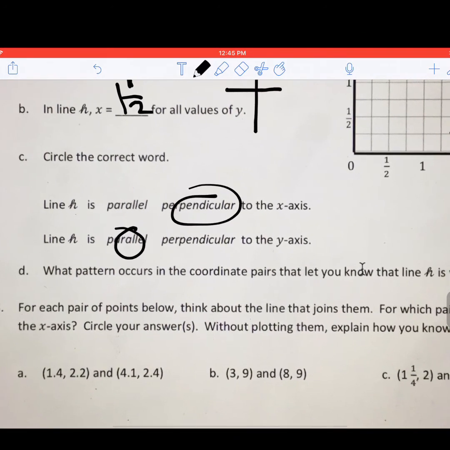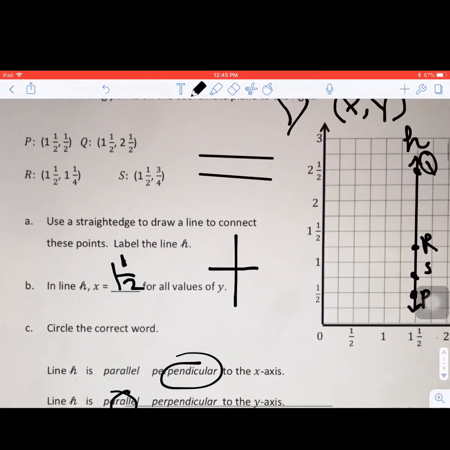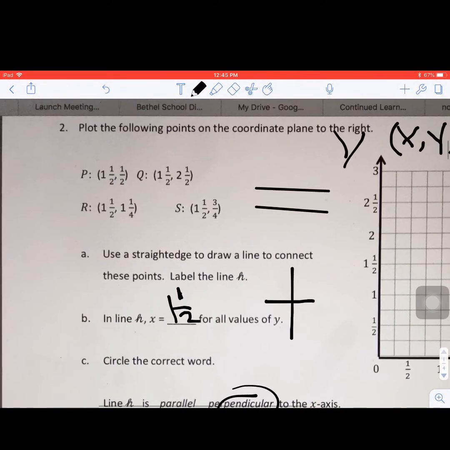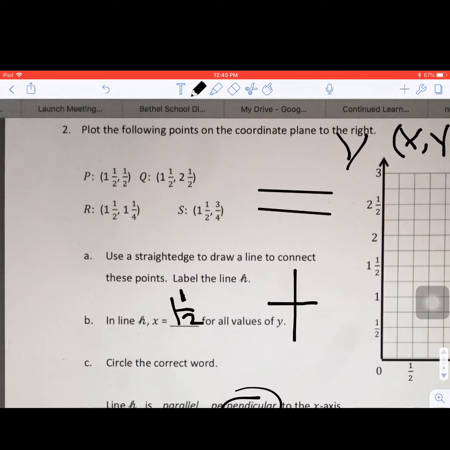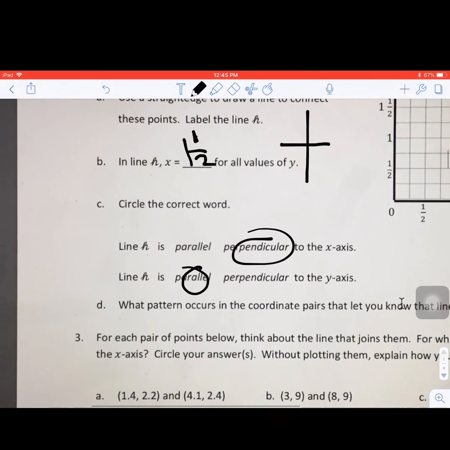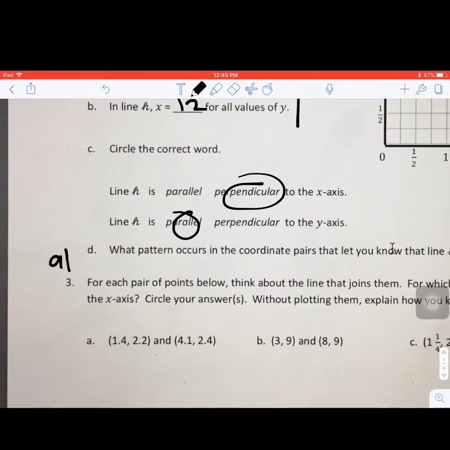Question D. What pattern occurs in the coordinate pairs that lets you know that line H is vertical? So we're looking at those coordinate pairs and seeing what pattern we notice.